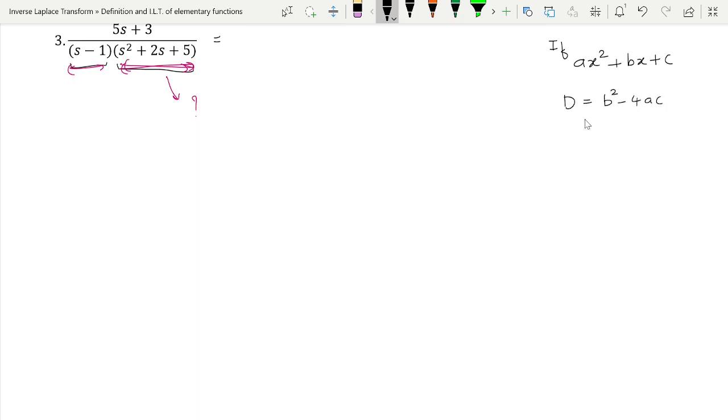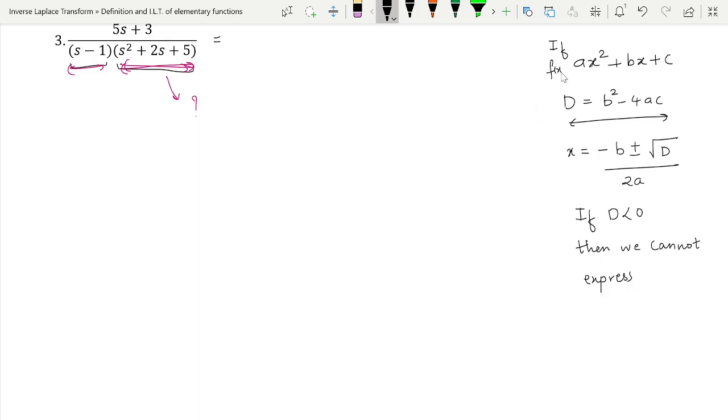It is called the discriminant, and it comes in the root of this quadratic polynomial. The form is minus b plus or minus under root of d upon twice a. So if this d is negative, then we cannot express this f of x as a product of real linear factors. Real is the important word.